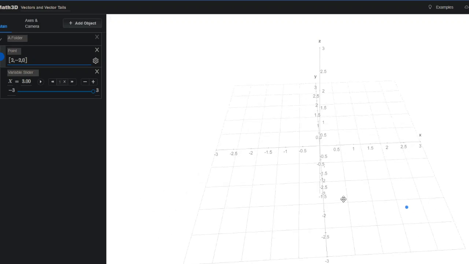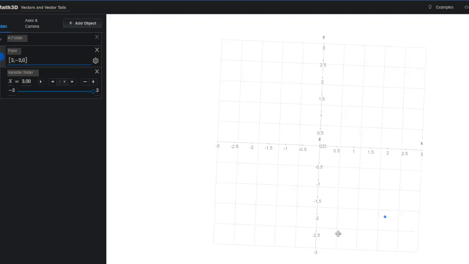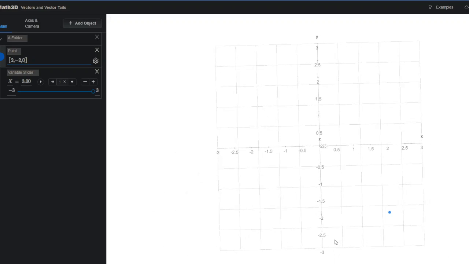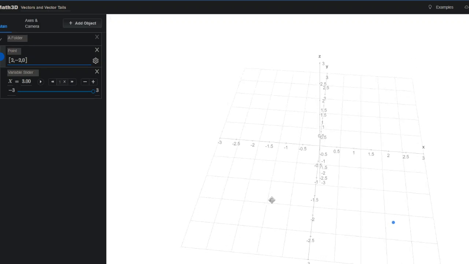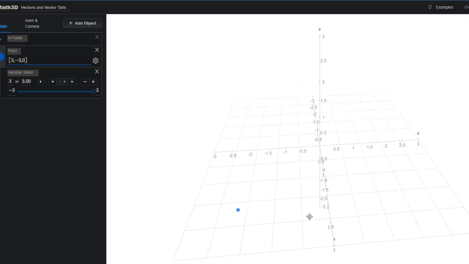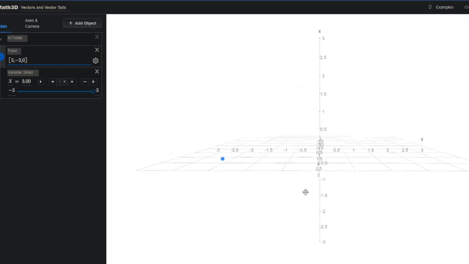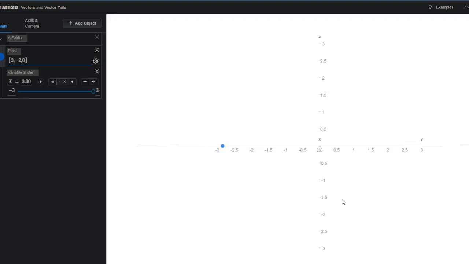So we can also talk about the different subsets of this graph, which is that there are 3 different planes we can talk about. We have the XY plane, as we can see here. So this is known as the XY plane. If we flip it around a bit, we have the YZ plane.